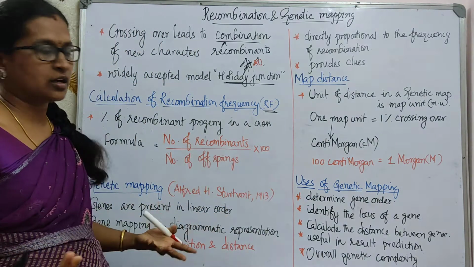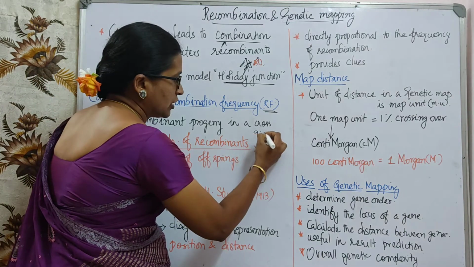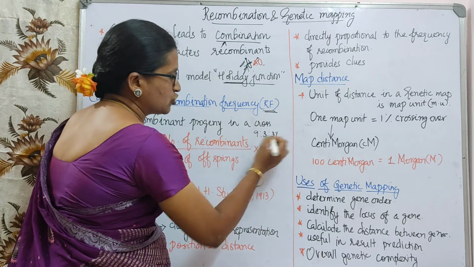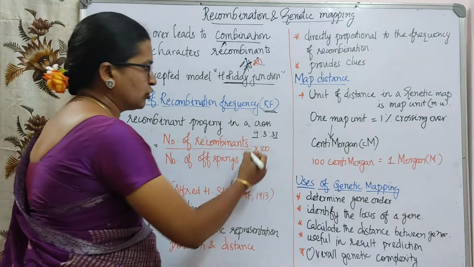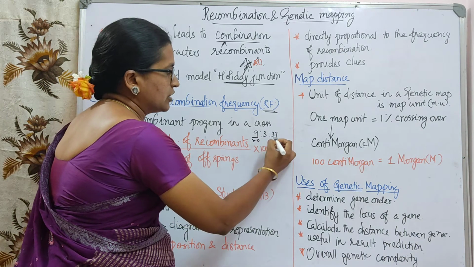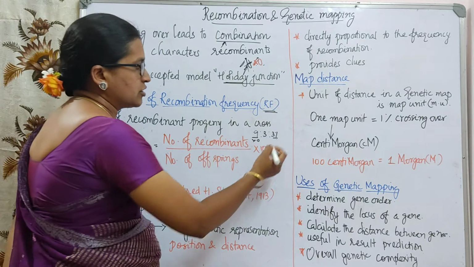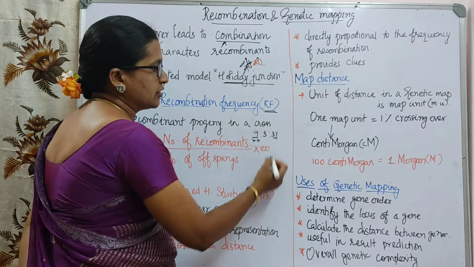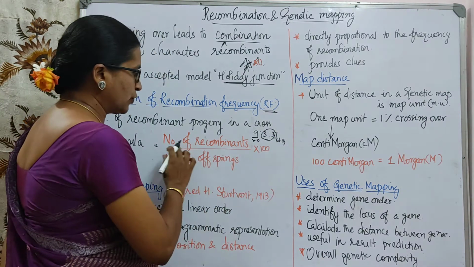For example, in a dihybrid cross we have a ratio of 9:3:3:1. So this is not a recombinant and this is not a recombinant. We all know this is yellow round and this is the other parent, wrinkled green. Wrinkled green and yellow round, so these are recombinants. So what do we write?